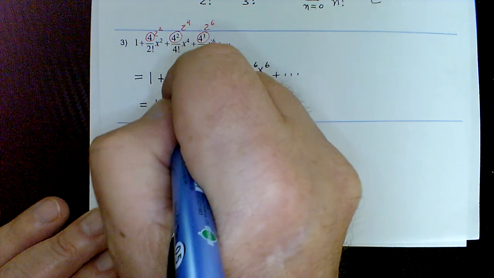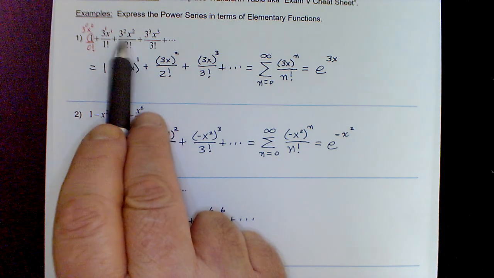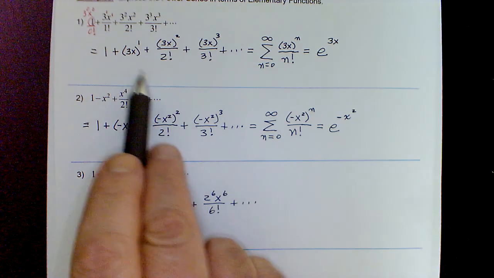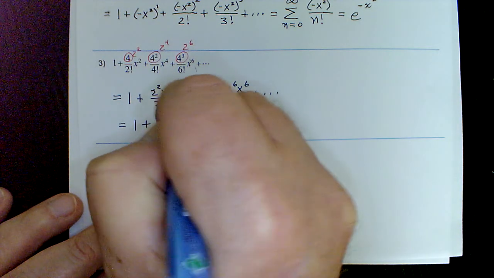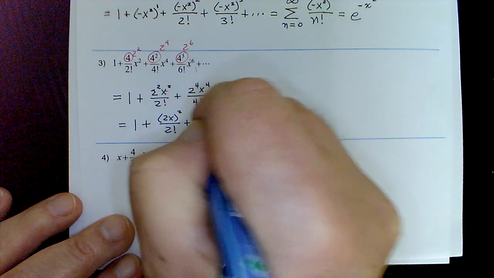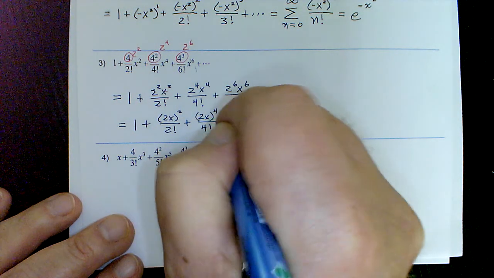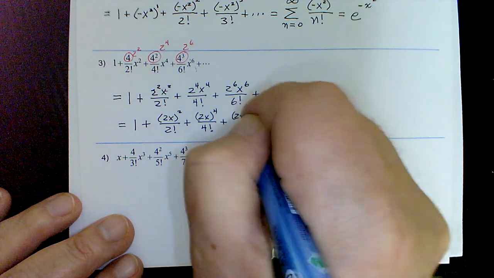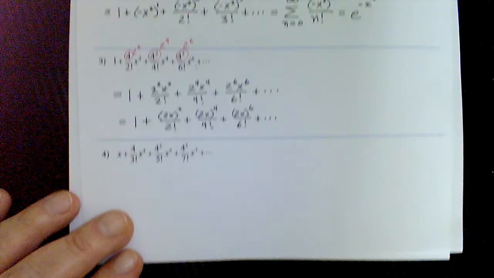So now it would be 1 plus, now let's write this expression, kind of like what we did initially with the 3x, right? When these things matched, we were able to write it as a quantity to that power. So the quantity 2x squared over 2 factorial plus the quantity 2x to the fourth over 4 factorial plus the quantity 2x to the sixth over 6 factorial, and so on.